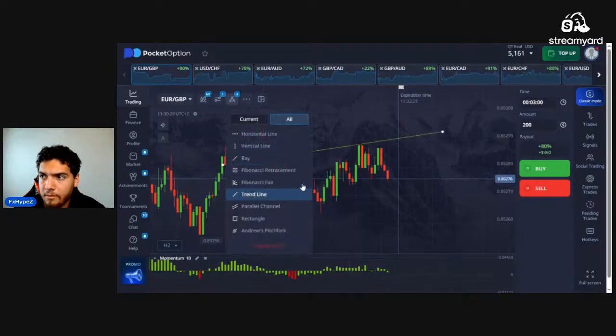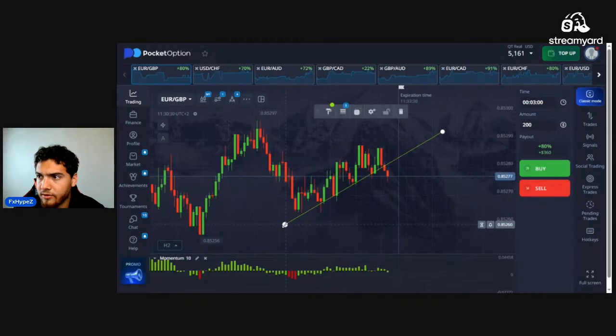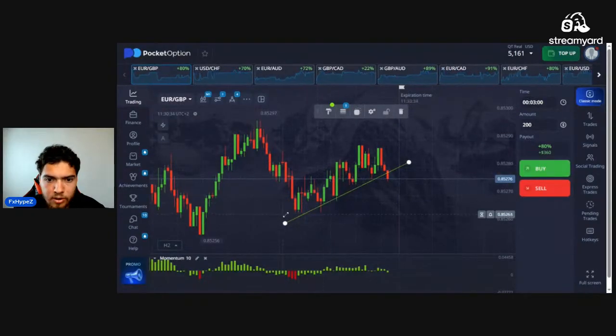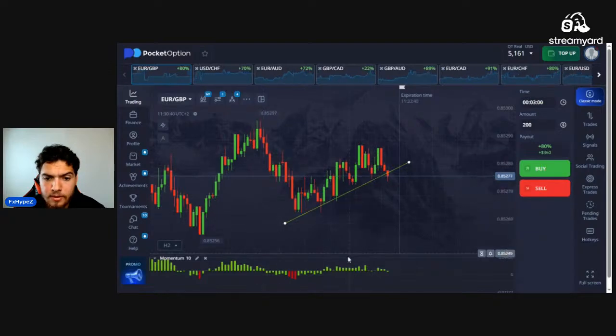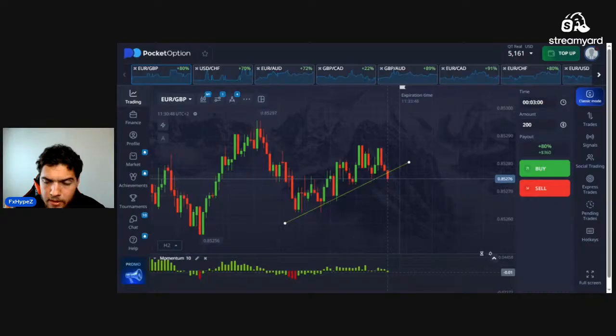Yes, the reason why I'm looking at this one here is, as you can see, we have this little channel that we formed here with price pushing to the upside. We have multiple touches. Momentum is shifting from above the zero line to below it, but it still remains green.